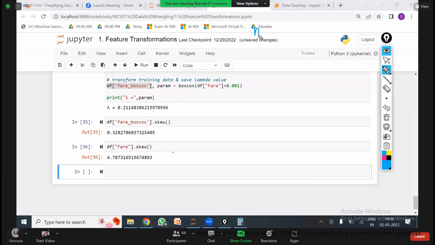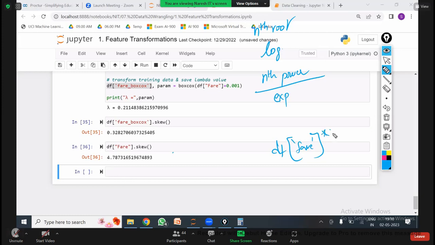So by using either nth root or log for right skewed distribution, and for left skewed distribution, we are going to use nth power or exponential. Now, what is nth power? How to write the code for nth power? df of fare column to the power of 1 by 2 means it is nothing but square root.